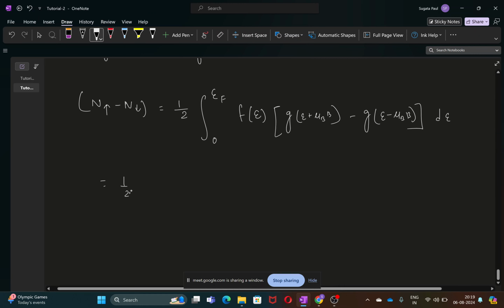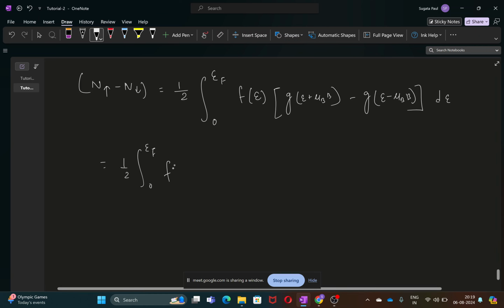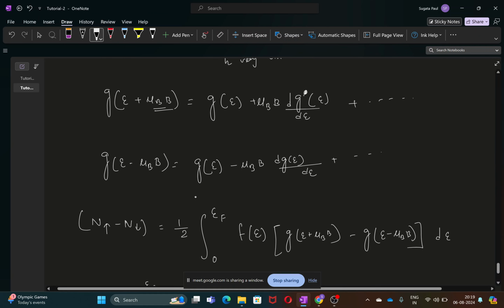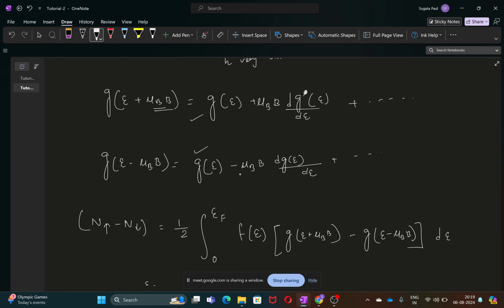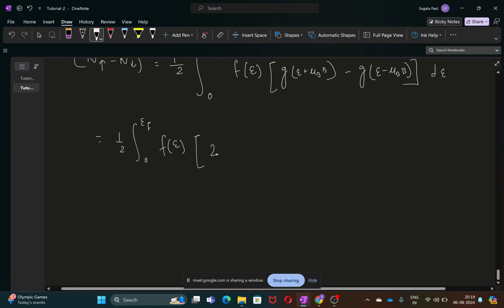Here it is half, 0 to EF, f(E). Now if you take the subtraction of these two series expansions, you see that the first term cancels out because it is common in both of the series. Only the second term is of the opposite sign, so if you take this minus this, minus and minus makes plus. So you have 2μB·B dg/dE.